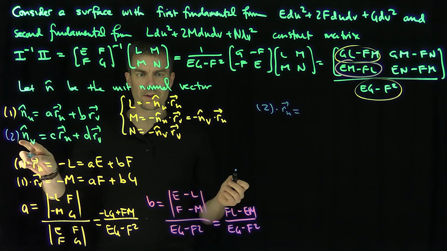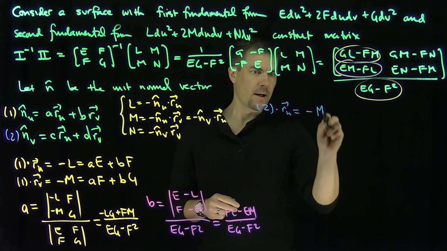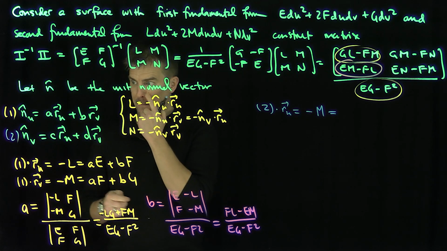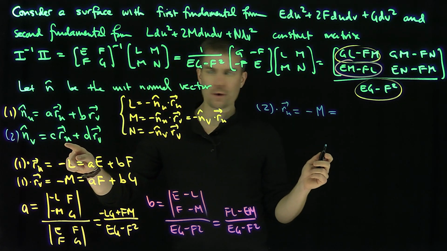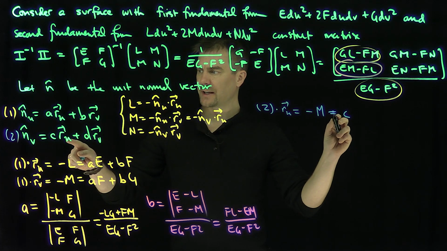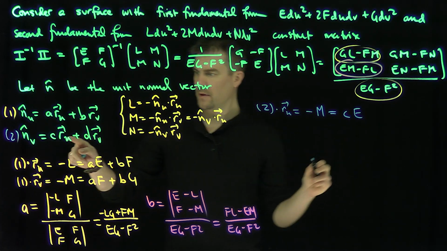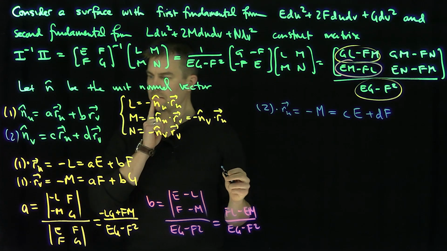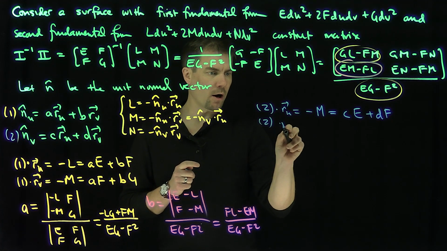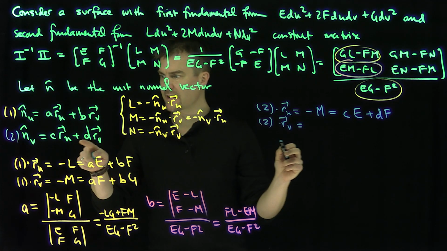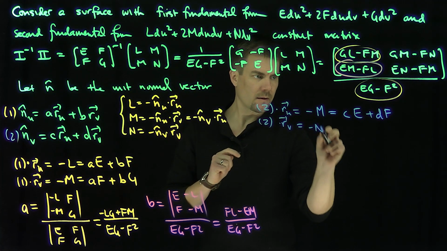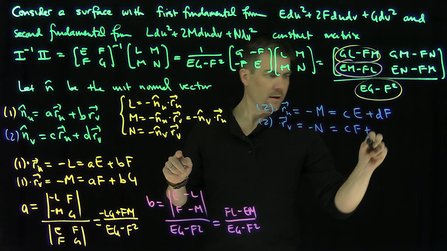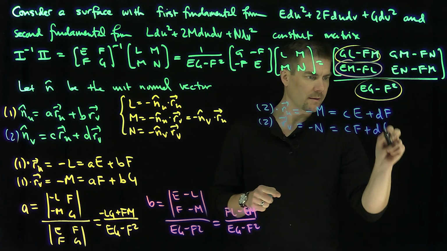If I do RU with this thing, that's going to be negative M. Negative M is equal to, if this was an RU, a C times E and then a D times F. And if I do 2 dot RV, that will be a negative N, right? Negative N is equal to C times F plus D times G.